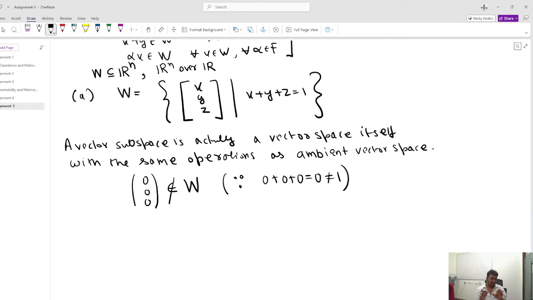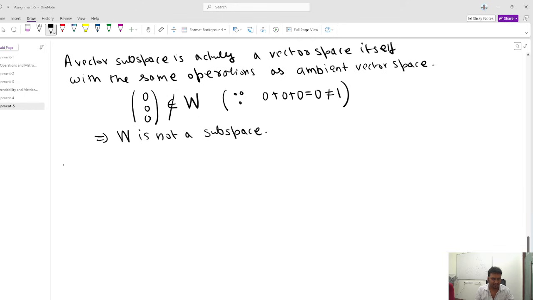Because whenever you have these tuples and vector addition on Rn, in particular on R3, you add component-wise, and the additive identity has to be the 0 vector, which is not there in W. So W is not a subspace. Okay, let us do part B.